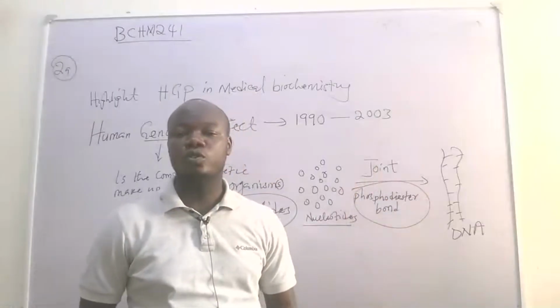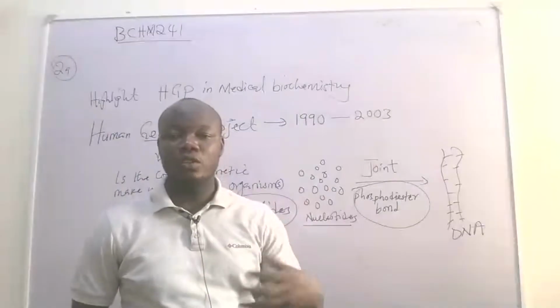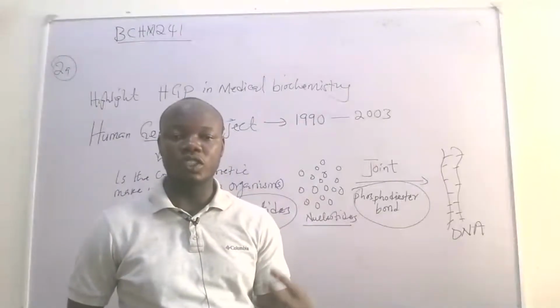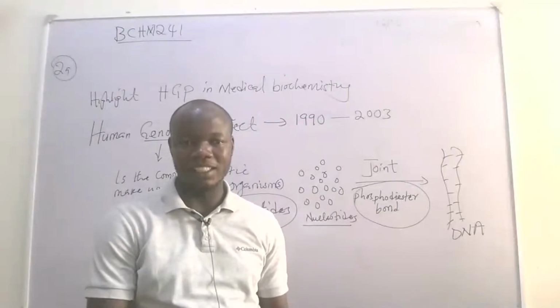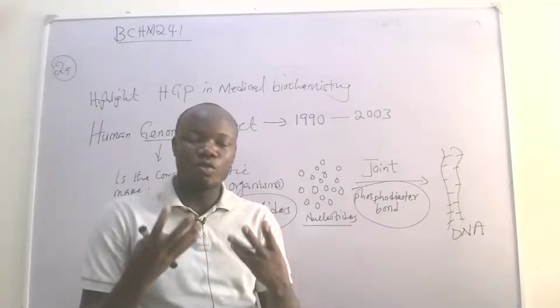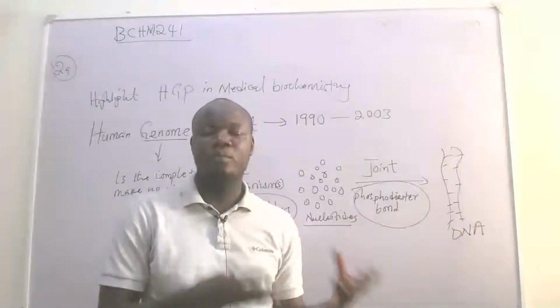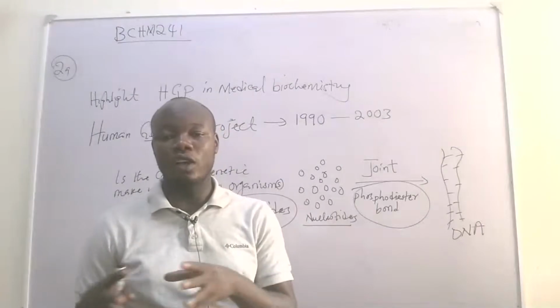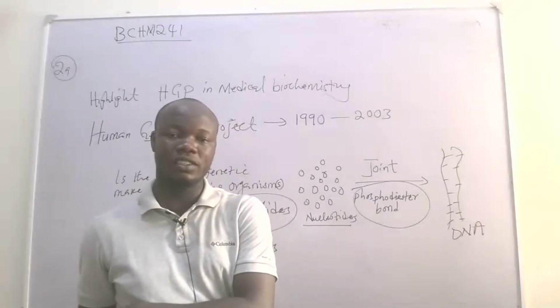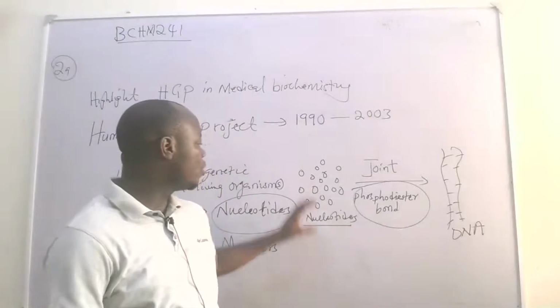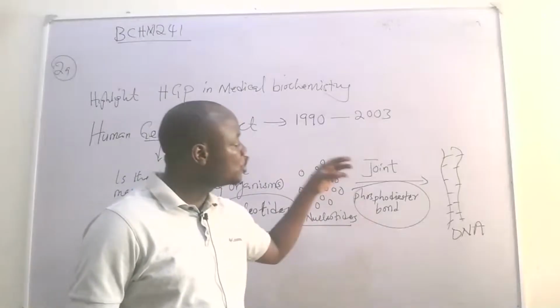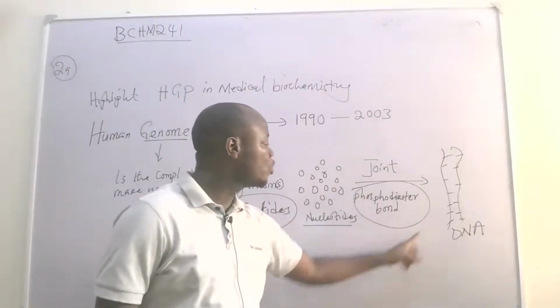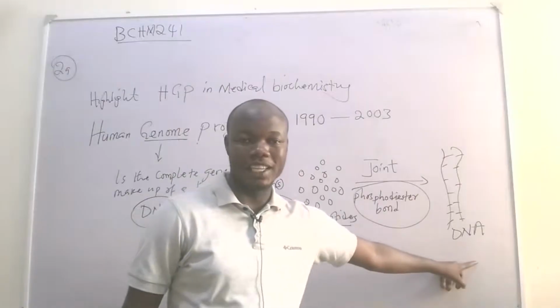So when answering a question paper, I always try to provide explanations so that at least if you are not given the same question, you will have an idea on how to answer some of the questions. So therefore the nucleotides join together through phosphodiester bonds to produce DNA.